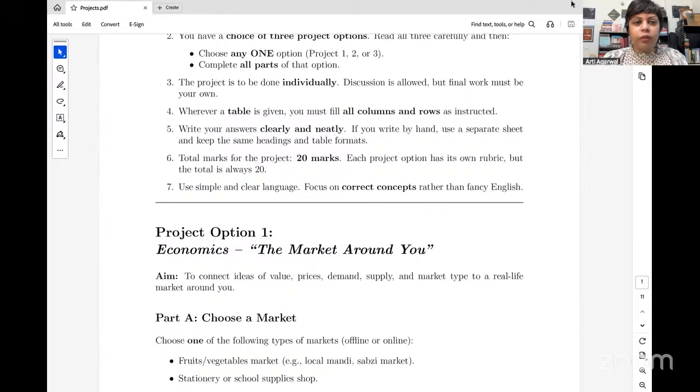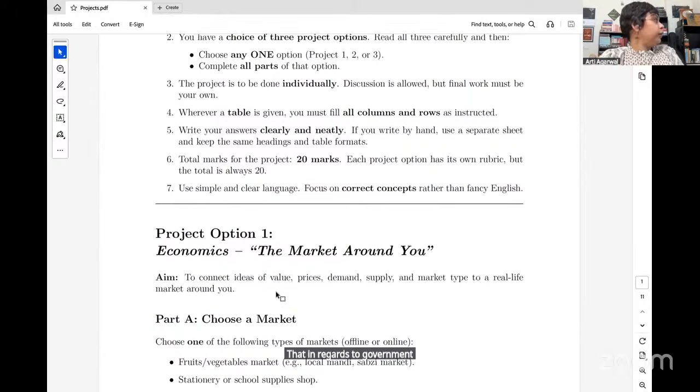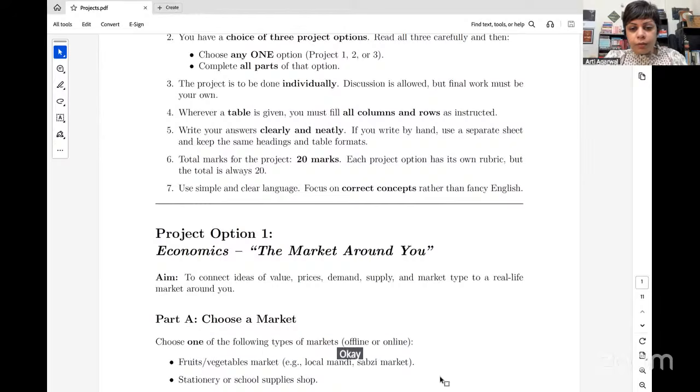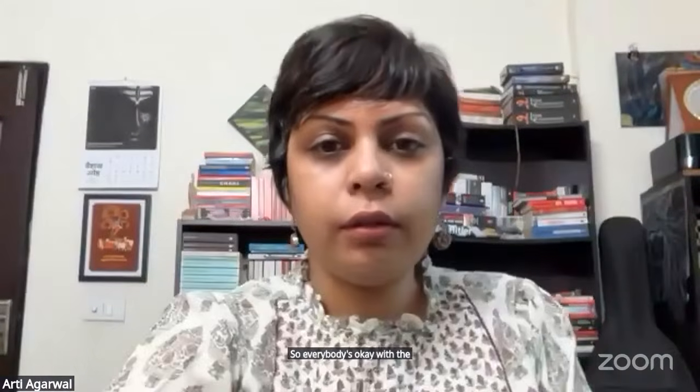Apparently, that's the government informing us about the storm. I can already see outside. Okay. Any other questions? No? So everybody's okay with the class project instruction?